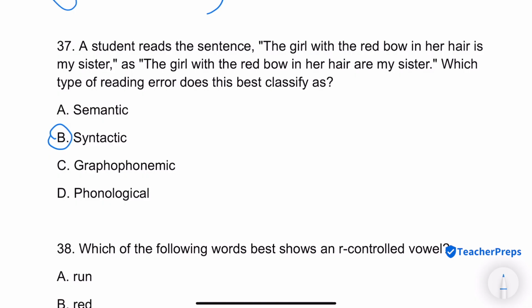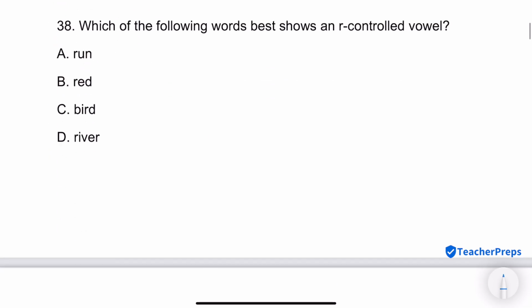And let's move on to question number 38. This one asks, which of the following words best shows an R-controlled vowel? Remember that an R-controlled vowel is when a vowel is followed by the letter R, and the R bosses.